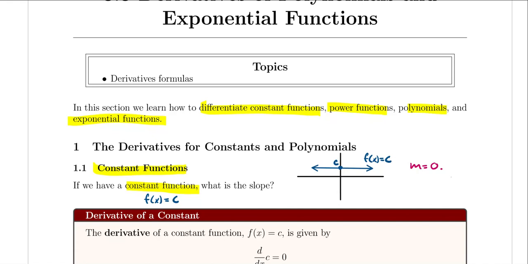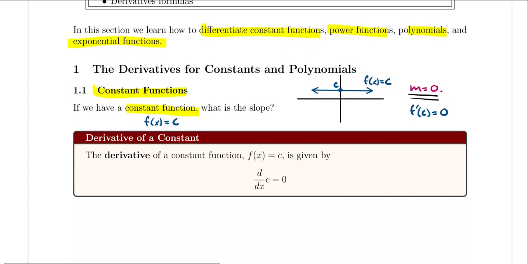Well, if the derivative is the slope of the tangent line, the tangent line to a line is just the line itself. So that means the derivative for a constant function is also going to be 0. So for this one here, I'll write down f prime of c is also equal to 0. And there we go.